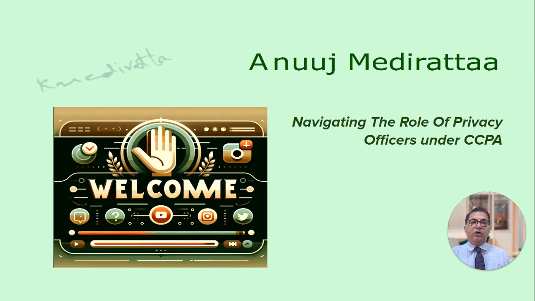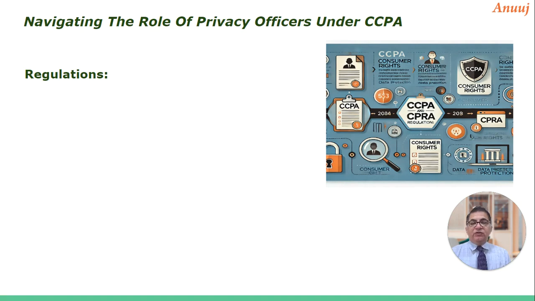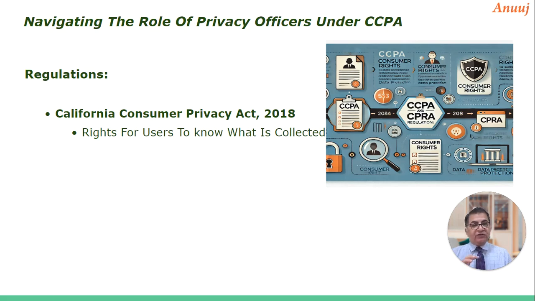And as I mentioned, we'll talk about the role of DPO today. So as far as CCPA is concerned, this is a regulation for California. The initial one was the California Consumer Privacy Act, which was enacted in 2018, which was more focused on the right for users to know what information is collected and they can choose to get it deleted or opt out for sale of information.